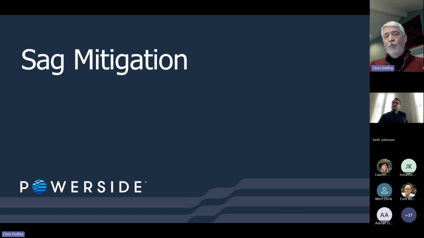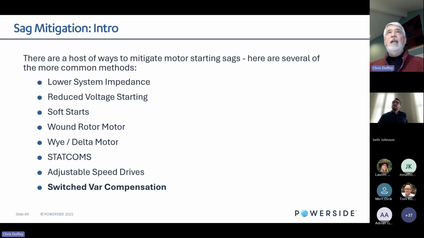So before we look at the reactive compensation, let's look at the various ways that we as engineers perform sag mitigation on motors. These are the most common ways. Lower the system impedance. That's a big deal. It's hard to do, but that can help you.